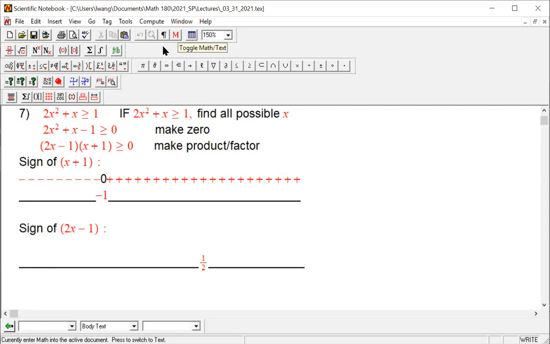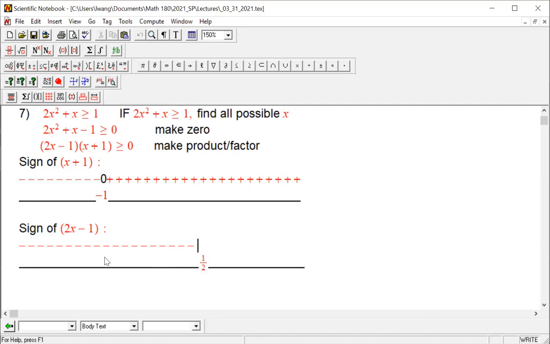Negative. All you have to do is choose a number less than half and plug in. We call it a test point; some textbooks use this term. So you can pick 0 because 0 is less than half.